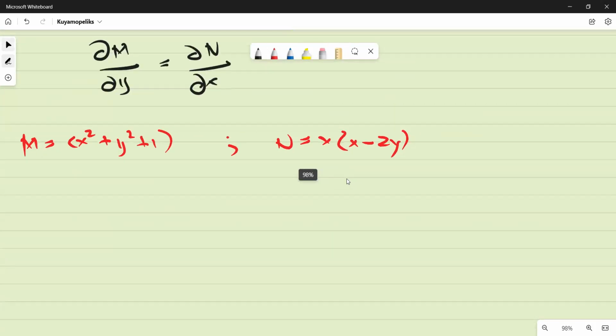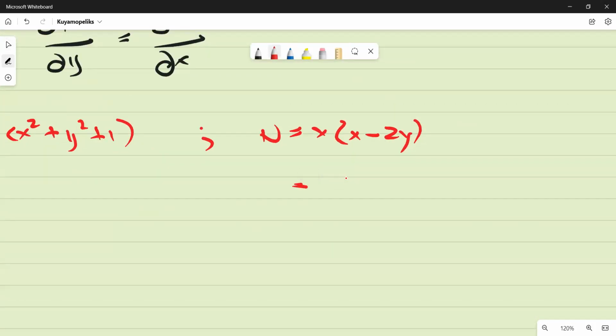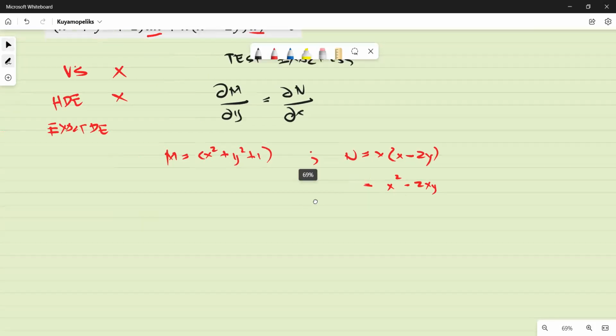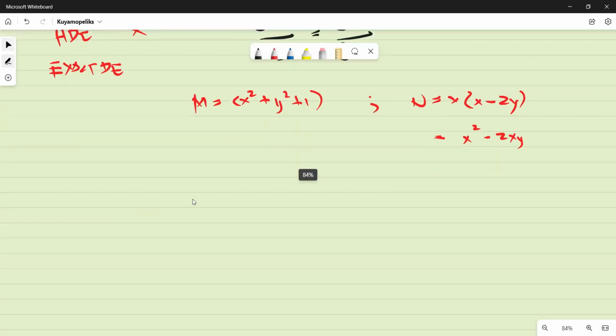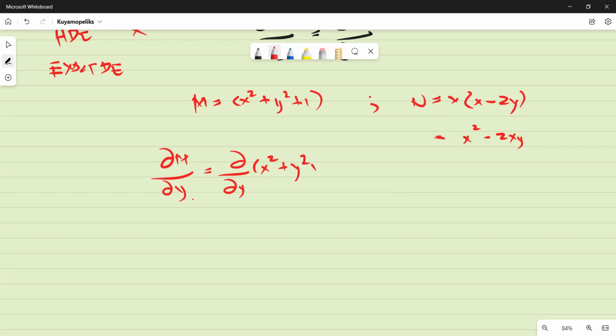We can simplify this. Let's distribute, and it becomes x squared minus 2xy. Okay? Now, let's do the test for exactness. So we get the partial derivative of M with respect to y. And when we say partial derivative with respect to y, we differentiate every y and treat every x as constant.